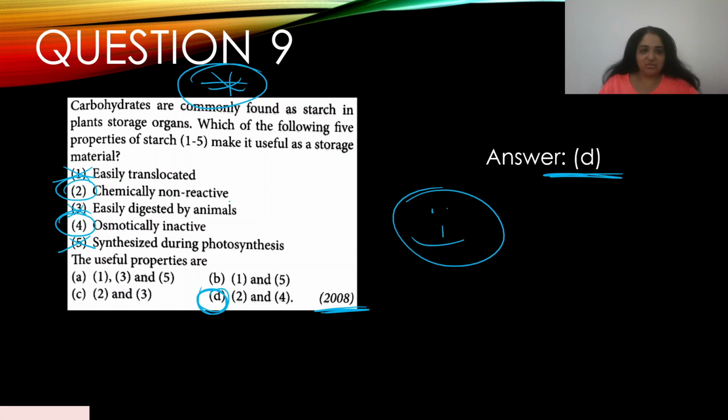For something that you want as a good storage material, it should be chemically non-reactive and osmotically inactive. These are very important properties for a good storage material for energy. So starch in plants has these properties and so behaves as a good storage polysaccharide. Okay, let's move on.